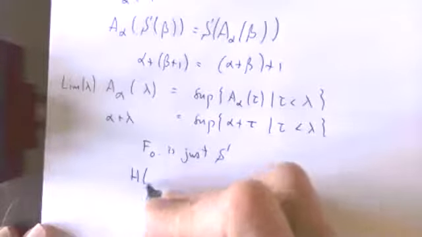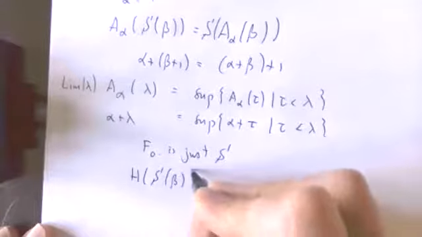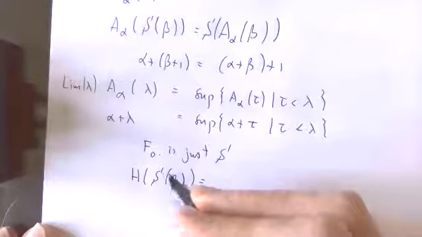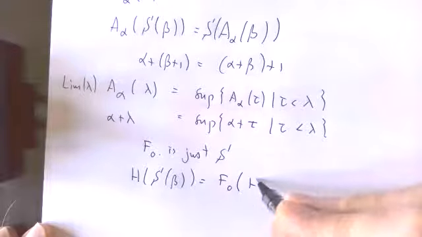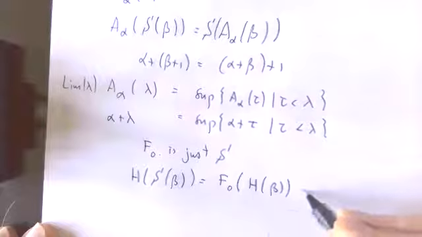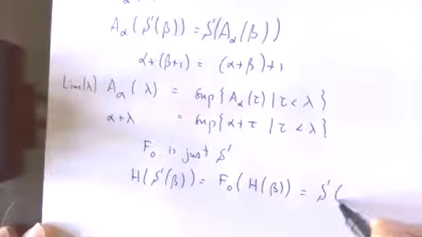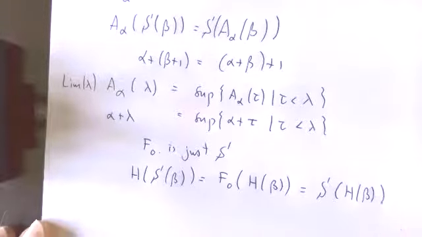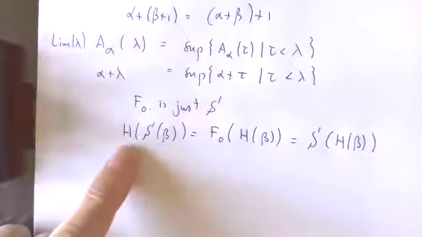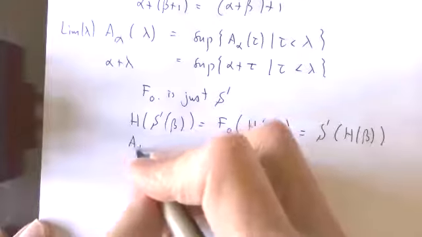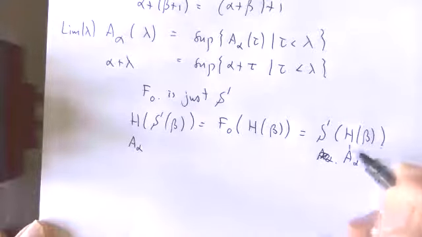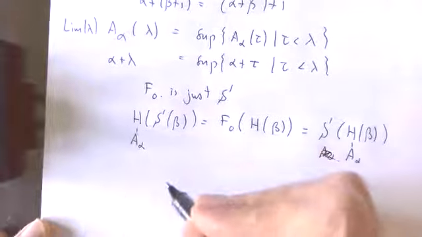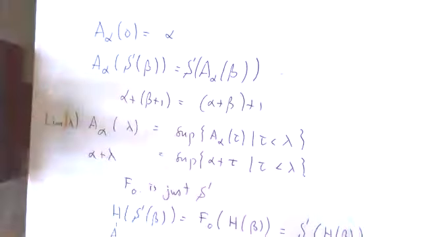We're defining h of the successor of beta to be f0 of h of beta, and this is just the successor of it. And h here is my A alpha function that I'm aiming for.